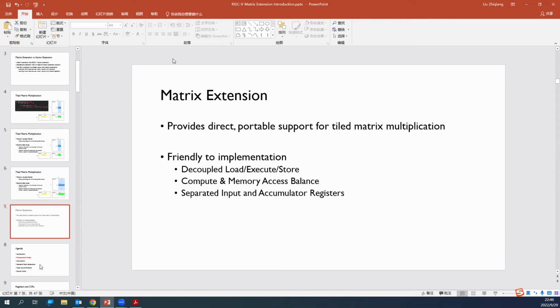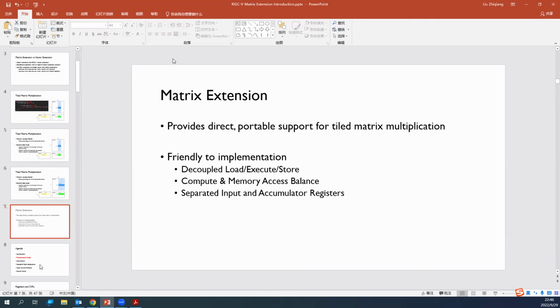So for example, on the vector extension, instead of assuming what vector length the hardware supports, you can set a very big vector length, and then the hardware will tell you the maximum that it could actually support.